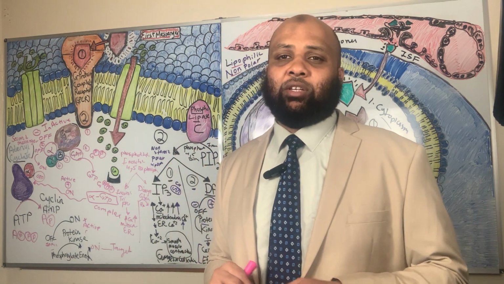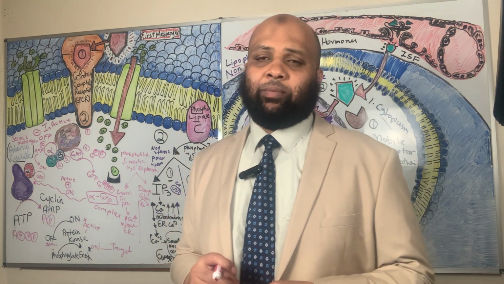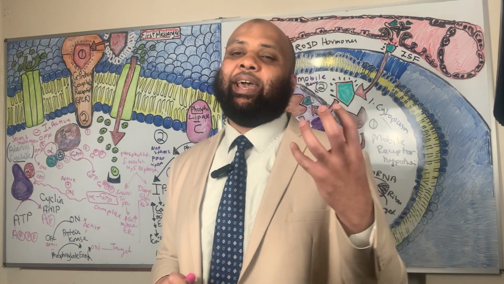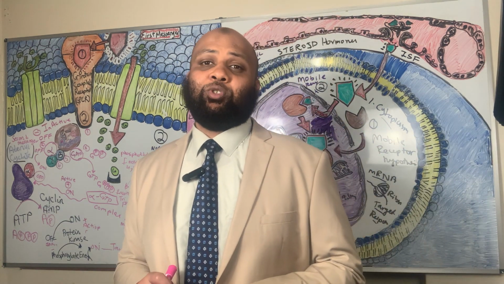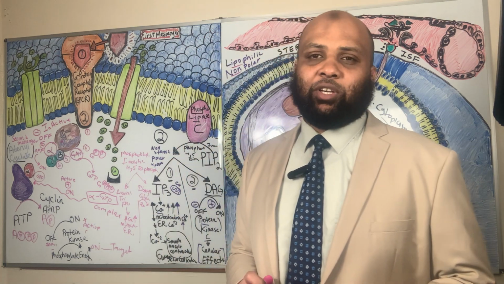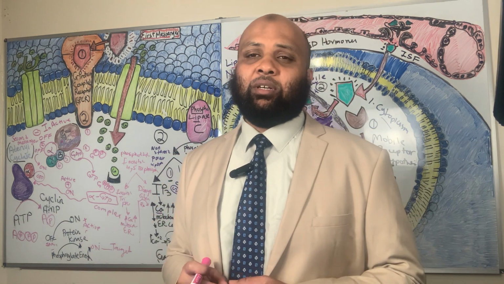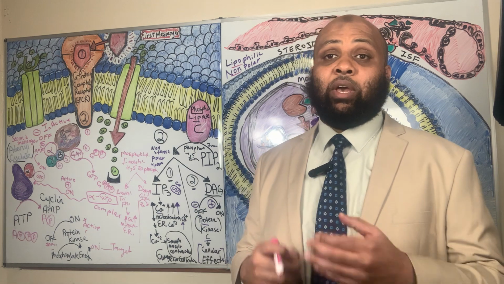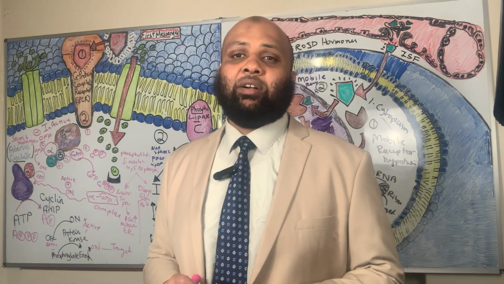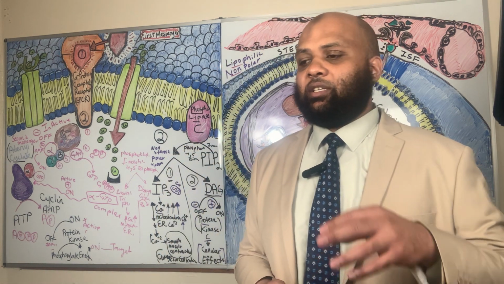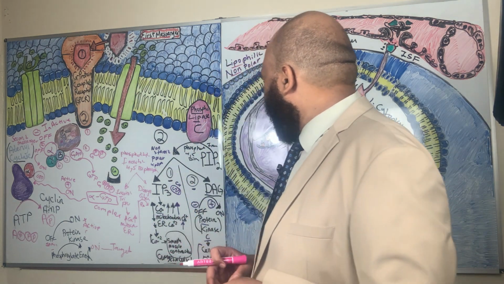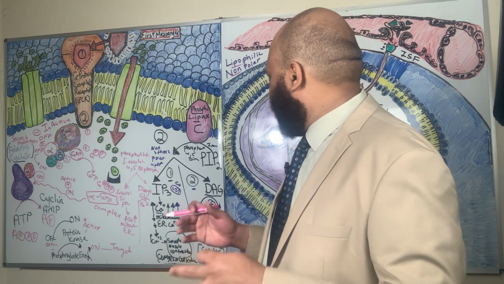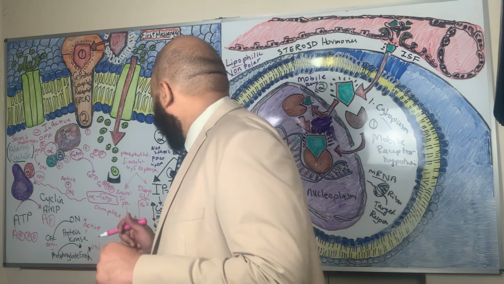Inositol triphosphate is going to increase intracellular calcium concentration by depleting calcium stores within the mitochondria and within the endoplasmic reticulum. And increased intracellular calcium concentration is going to exert the desired target effect, such as smooth muscle contraction and changes in cell secretion.